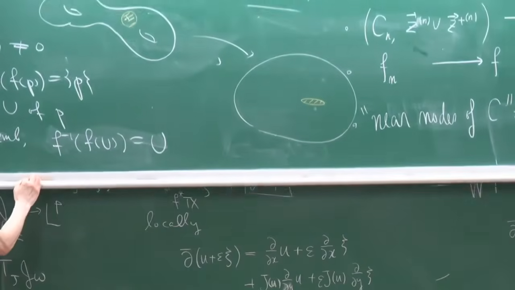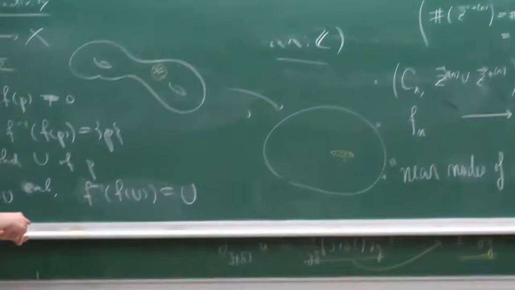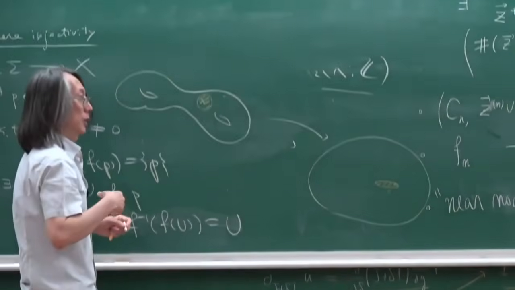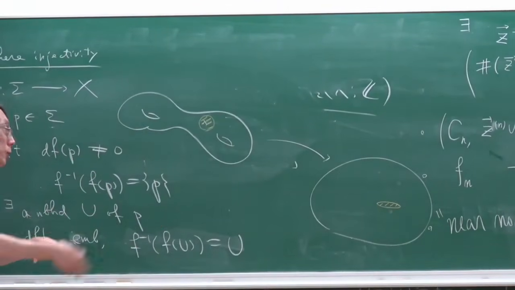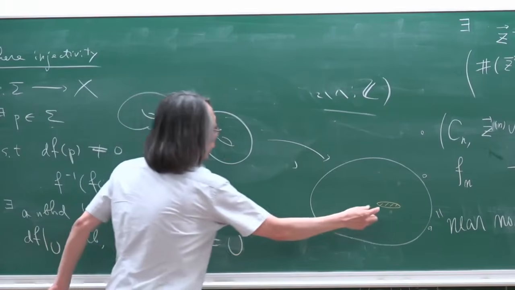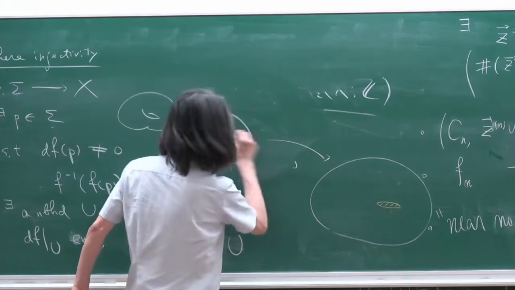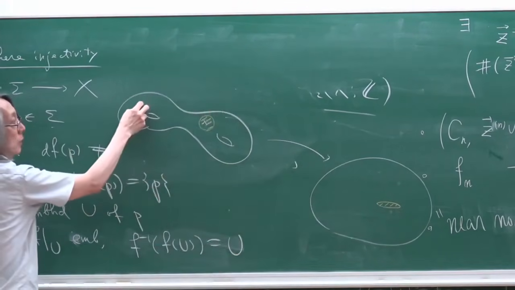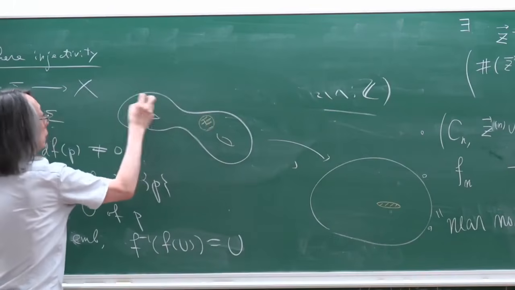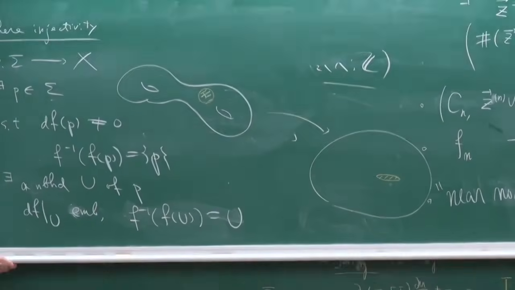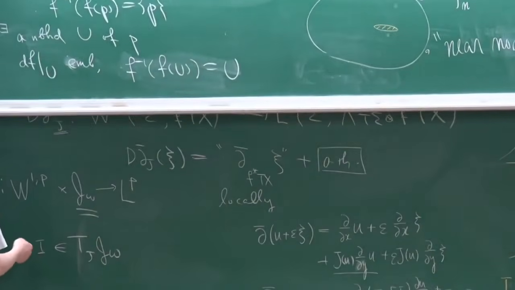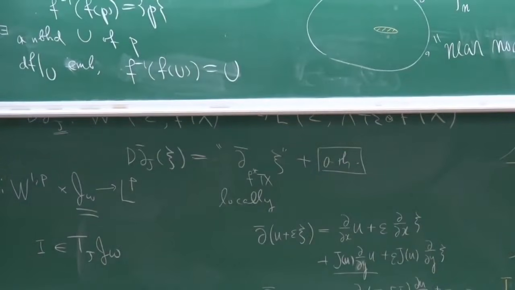But the worst case is that if it is not such a map, say a multiply covered map, then for any such piece of surface you have another effect here, and these two contributions may cancel out, and eventually you cannot achieve transversality. So with somewhere injective, you can do this.